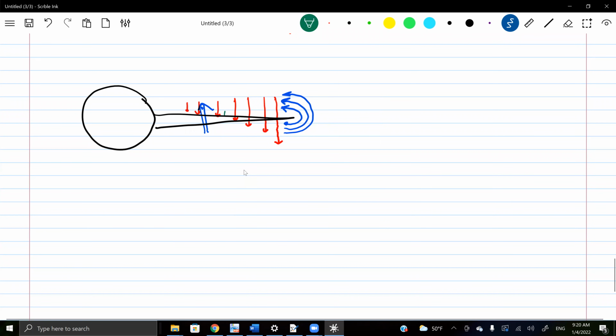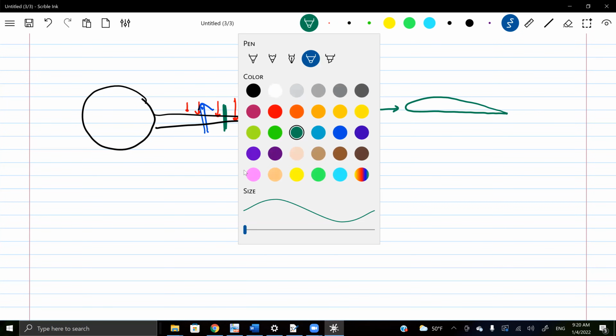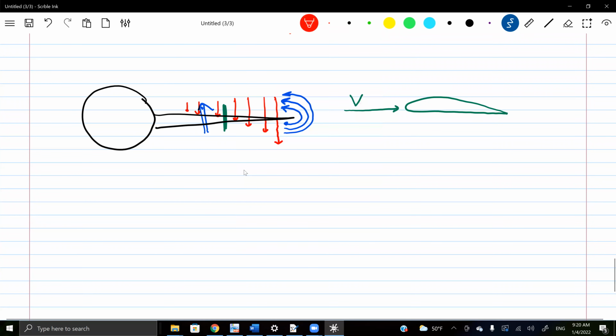Let's take one station here. What does this station represent? Well, it's really an airfoil, right? Let's fix the airfoil and have the air coming. This is the velocity that the wing was flying by. In addition to this velocity, now I have an induced velocity from the vortex, okay?